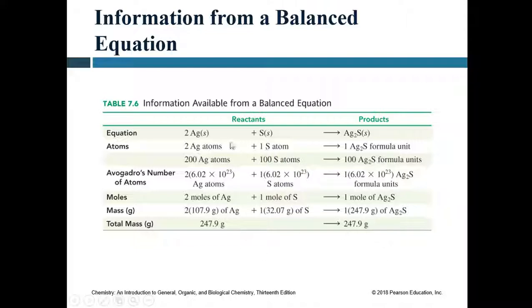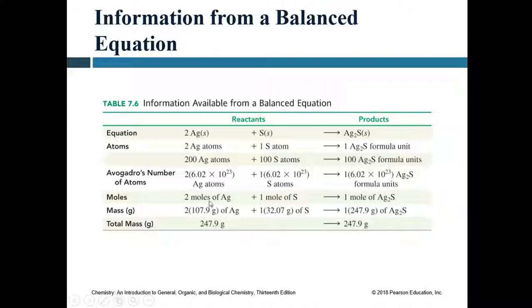So in Table 7.6, we have our equation. We can look at it in different ways. This 2 is going to tell us, okay, we have 2 of these units. The way that we really think of it and use it in our measuring is moles. So we have 2 moles of silver to 1 mole of sulfur, and it gives us 1 mole of silver sulfide.